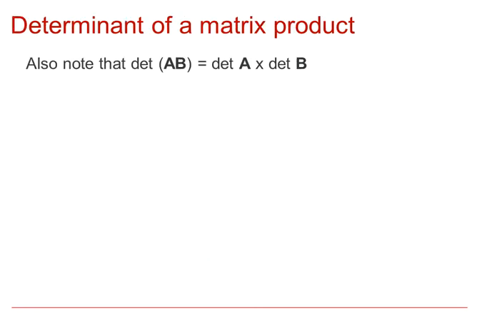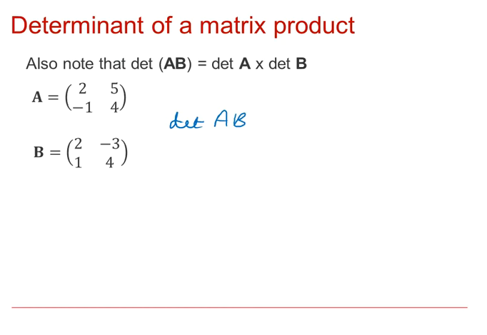You also need to note that the determinant of a matrix product is the two determinants multiplied. So det of AB equals det A multiplied by det B. In this example here, if we were to look for the determinant of AB, we would need the determinant of A, and in this case det A equals 8 minus minus, in effect, plus 5, which is 13.